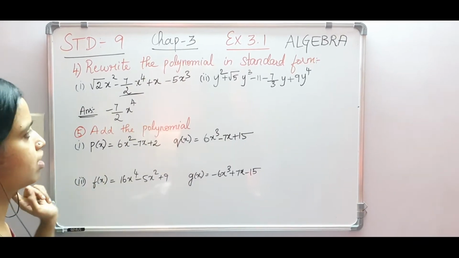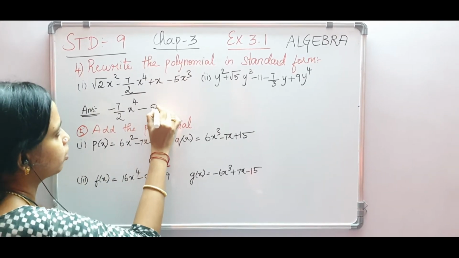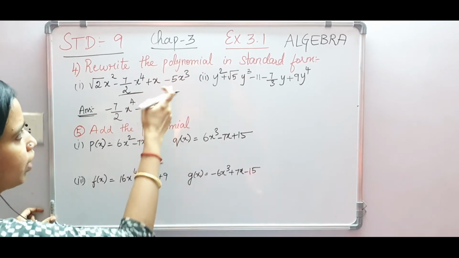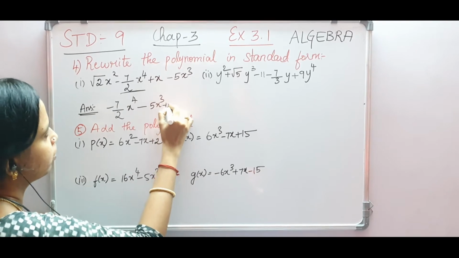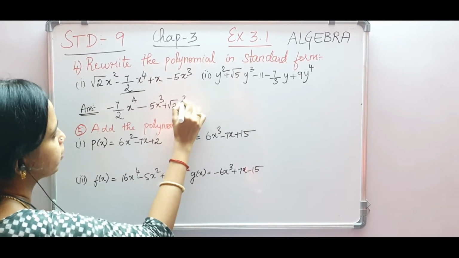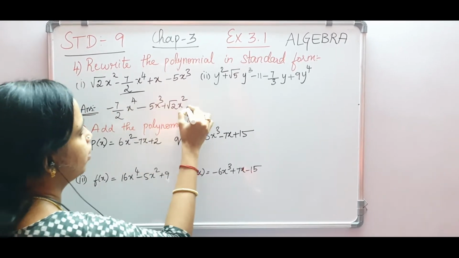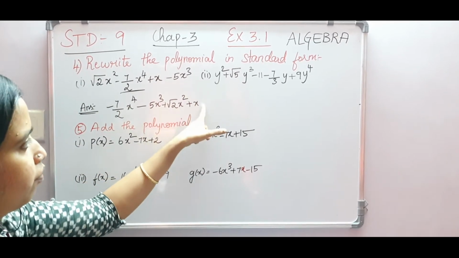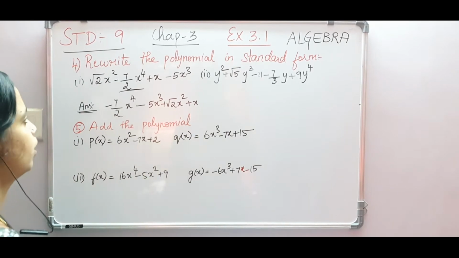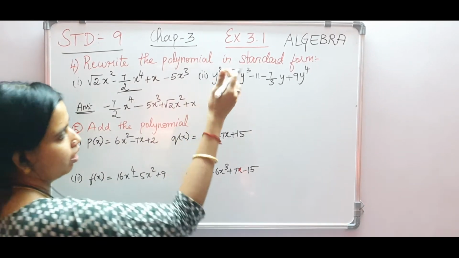Yes, here 3 is there. So next, minus 5x cube, and next we have to write the 2, so plus square root 2 x square, then the x term. If you are having any constant, we have to write it here. So this is the final answer.